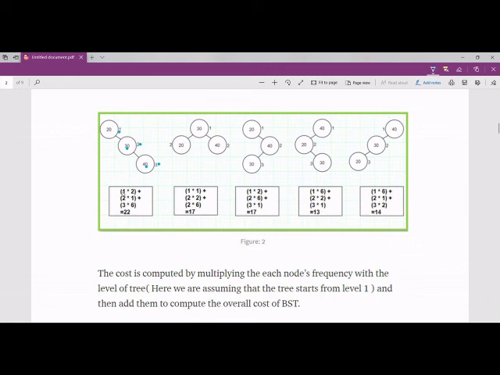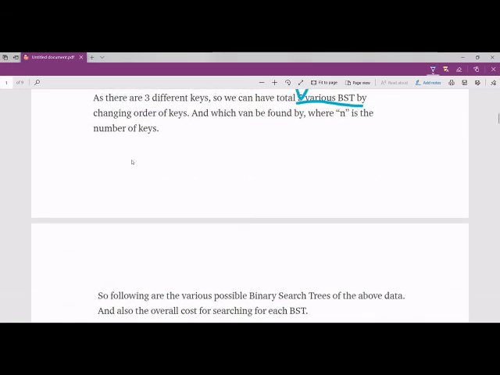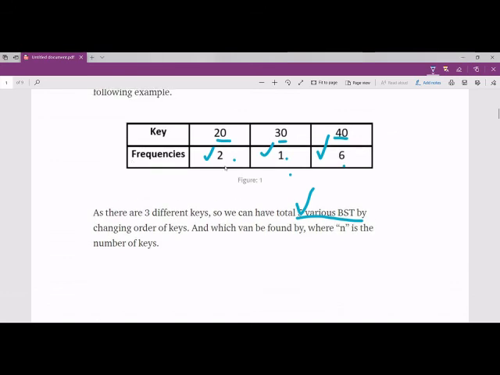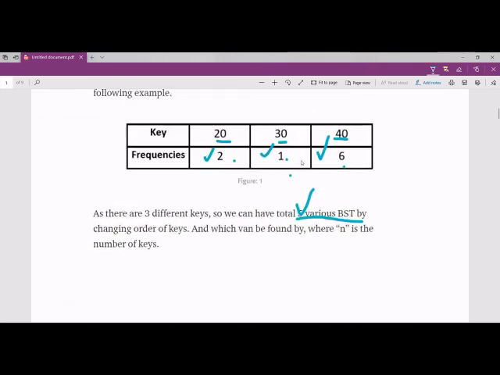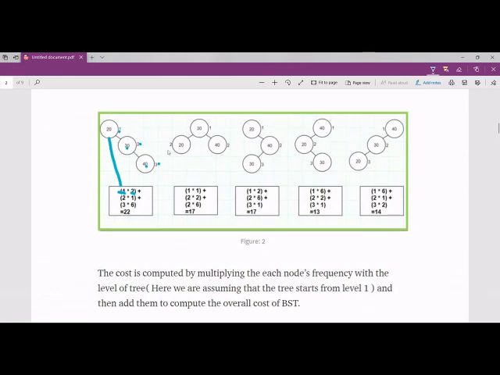Let's say for the first binary search tree, 20 is at level 1 and has frequency 2, so 1 into 2. 30 appears at level 2 and has frequency 1, and 40 appears at level 3 and has frequency 6.